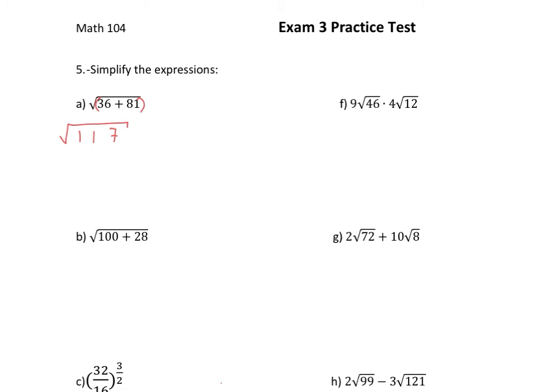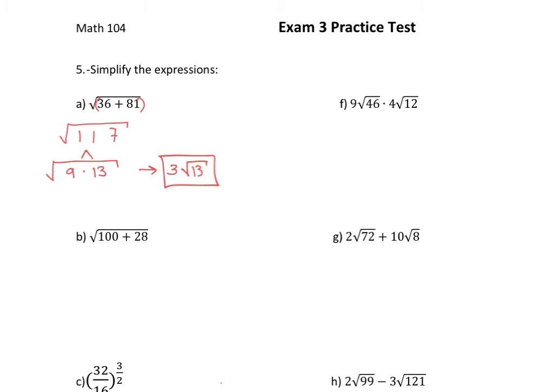Okay, now we want to check to see if we can factor that. All right, so I had to use a calculator to check this, but 117 is 9 times 13. Which means that we can simplify that by taking the square root of 9 is 3 and then the square root of 13.